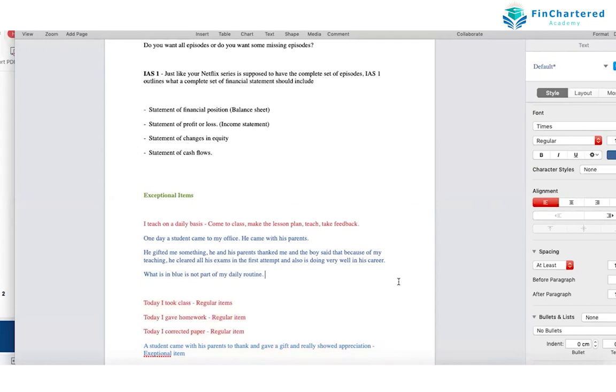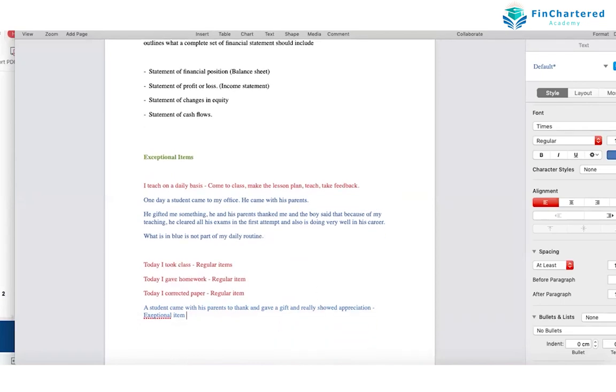An exceptional item is basically some item in the financial statement that is not part of the daily transactions. It's not an everyday thing. Right?